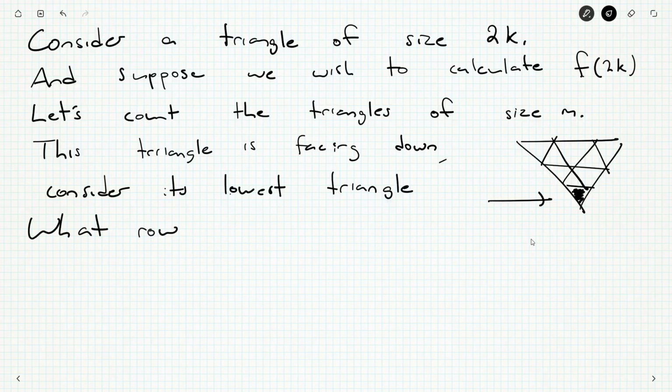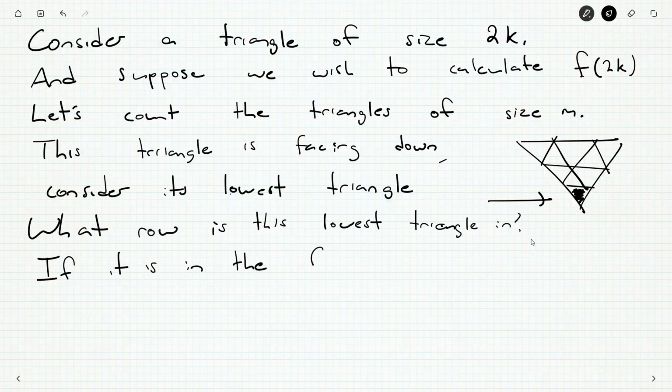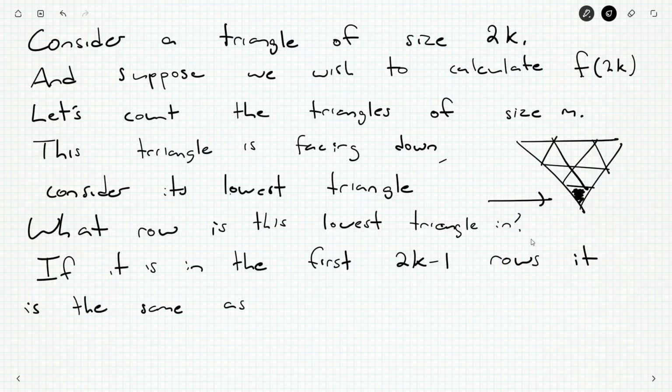What row is this lowest triangle in? If it is in the first 2k minus 1 rows, it is the same as a triangle in the big triangle of, let's say, size 2k minus 1.